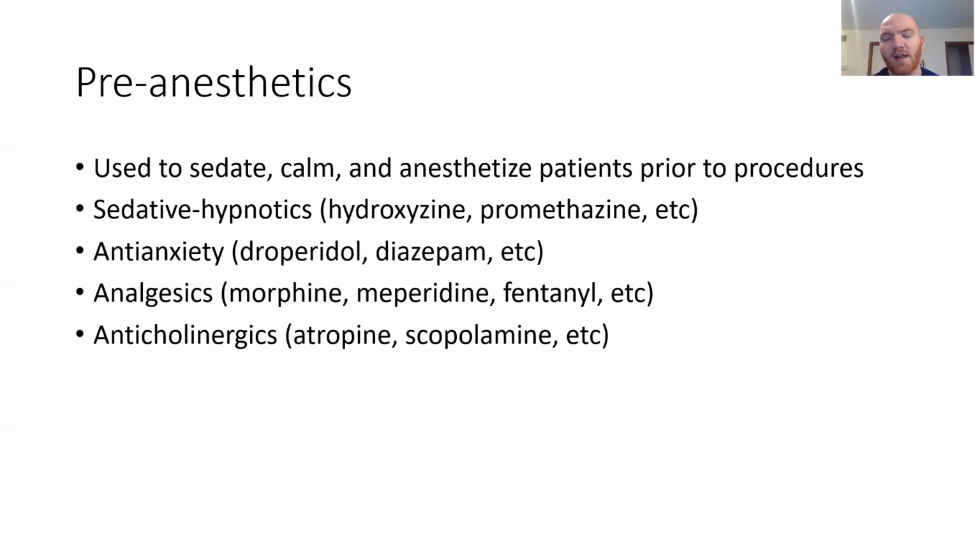There are the sedative hypnotics, which we've talked about a little bit in the last lecture set about the neurologically active drugs. And then there are the anti-anxiety drugs, which we talked about too, and that includes benzodiazepines, which are very commonly used for these purposes.